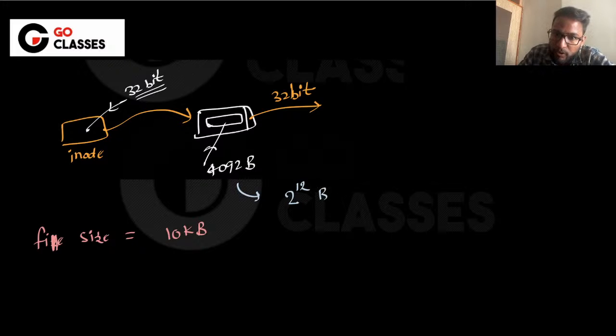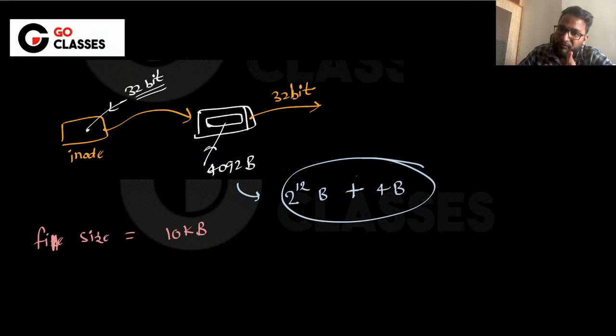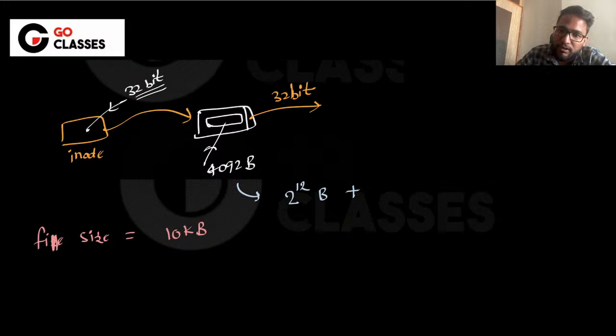And then you also have 32 bits, which is basically 4 bytes, right? So this much is the size of one block, and you have to store 10 KB of file. Anyway, let me not add this 4 because that's not required for this calculation. If you have 10 KB of file, how many blocks will you be having?